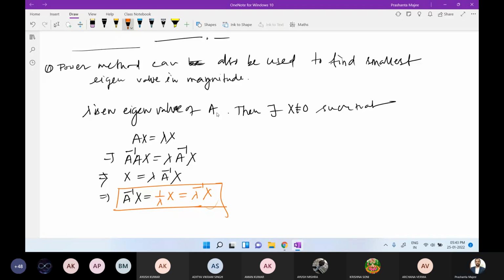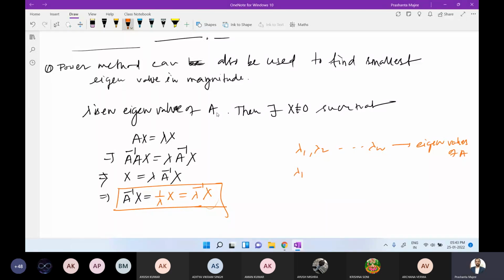So if lambda 1, lambda 2 up to lambda n are the eigenvalues of A, then what are the eigenvalues of A inverse? Remember, inverse exists means determinant is non-zero. If determinant is non-zero, 0 cannot be an eigenvalue.